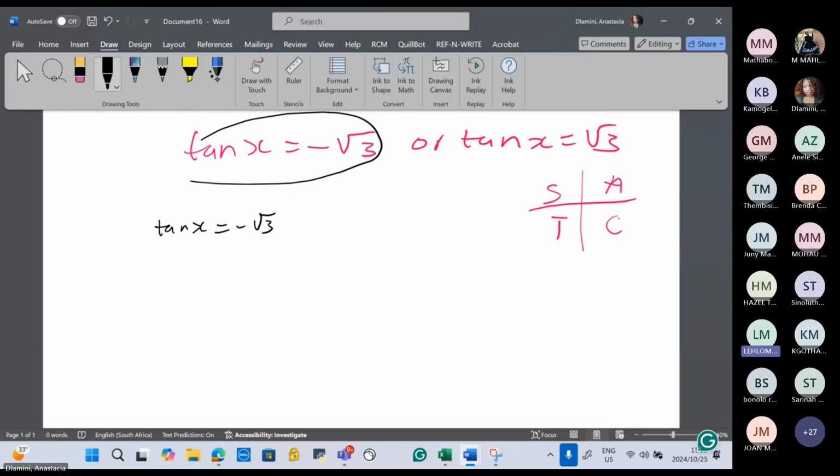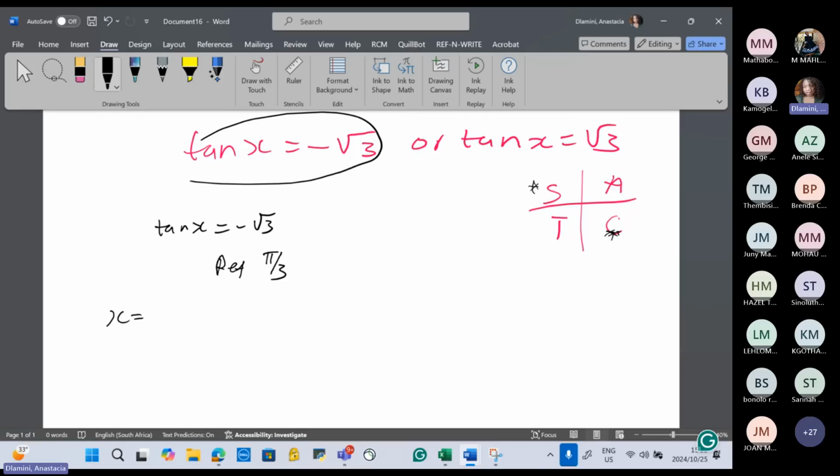Then my angle in radians is pi over 3. So the reference angle is pi over 3. Tan is negative on the second and fourth, then x is equal to pi minus pi over 3 plus pi times k, where k is an element of the integers.